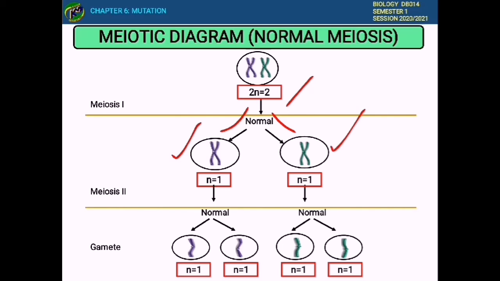During meiosis 2, it also occurs normally. After sister chromatids separate and move toward opposite poles, each cell also receives one chromosome. So n is equal to 1, n is equal to 1, and this also n is equal to 1 and n is equal to 1.